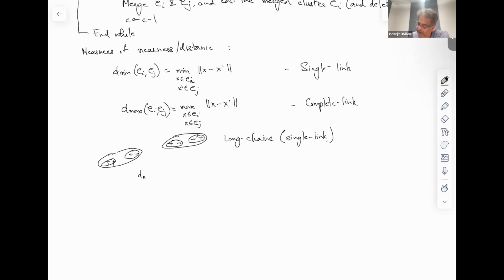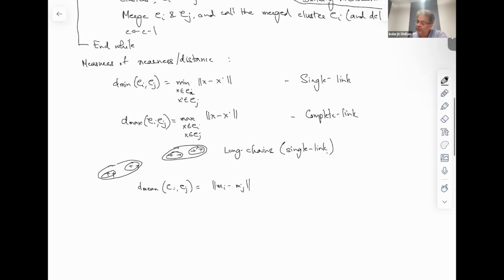Another one is dmean. So instead of looking at all pairs of points, I can just look at Ci, Cj, I can just look at the mean points, Mi minus Mj. So what I'm doing is I'm basically representing the set of points Ci by their mean, and the set of points in Cj by the corresponding mean.